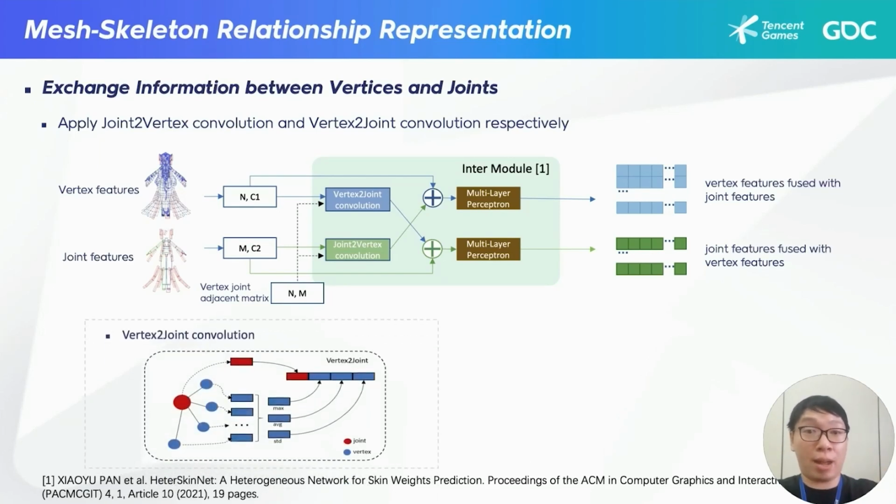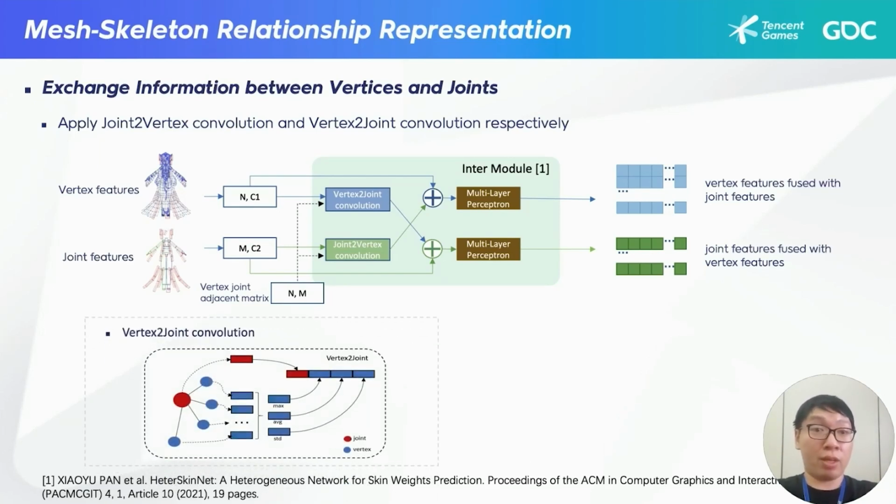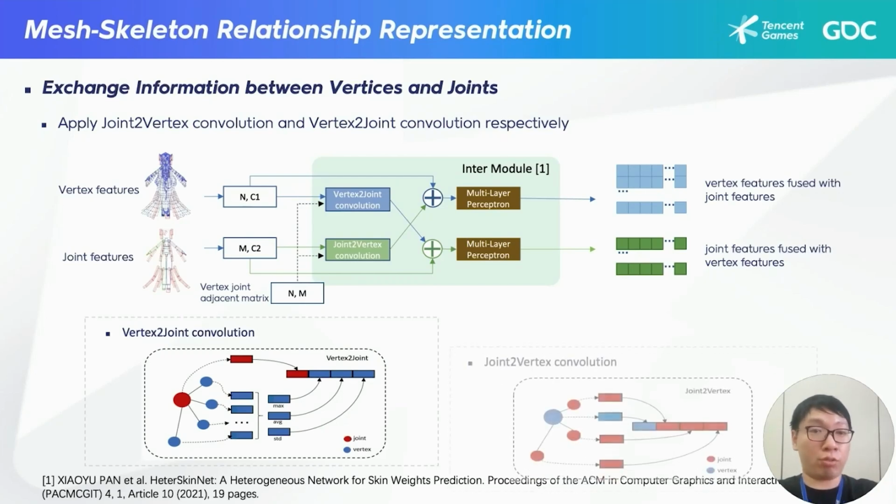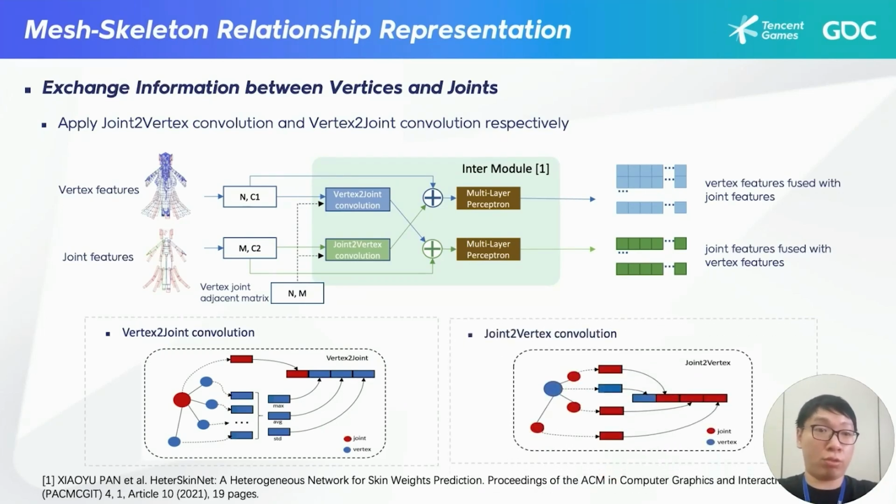To handle this type of heterogeneous data, we use the vertex-to-joint convolution to transform the vertex features into joint feature space, and the joint-to-vertex convolution to transform the joint features into vertex feature space. For more details, please refer to the paper below. Through this module, we can effectively exchange information between vertices and joints.